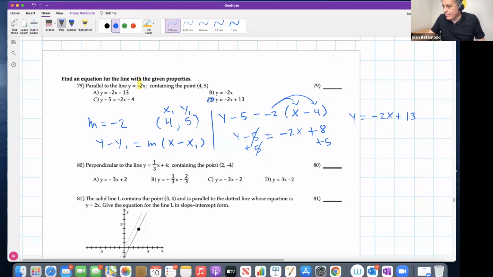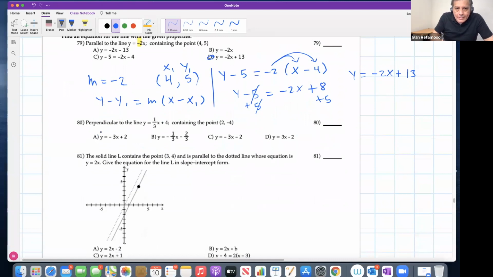Very good, guys. So now let's do the same with a line that is perpendicular to this passing through this point, right? Again, you pay attention to the slope, but this time, since we are dealing with a perpendicular line, in order to get the slope of the perpendicular line, you have to do two things to this guy, right? You have to flip it, and then change its sign, right? When you flip, you will get 3 up here, 1 down here, 3 divided by 1 is 3. Changing the sign from positive to negative, you get the slope must be -3, right?